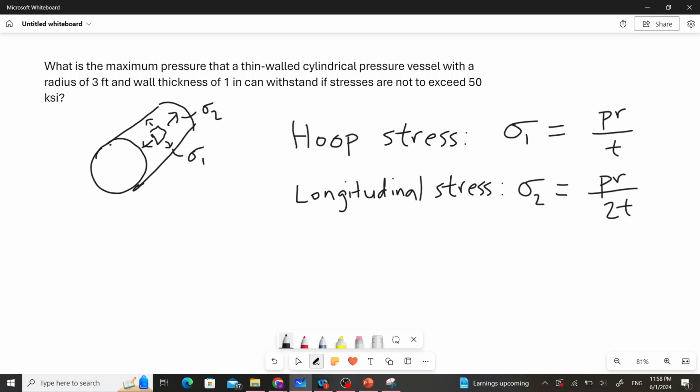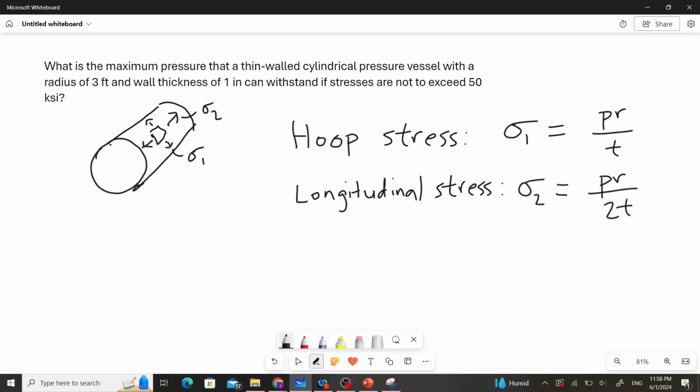So here the question's asking what's the maximum pressure that we can have, given that we have a certain stress that we can't go above. If we look at both of these equations, we'll notice that for the same pressure, stress is going to be higher in the hoop direction than in the longitudinal direction. So we really just need to look at the hoop stress, since that's going to be the limiting stress that will define our max pressure.